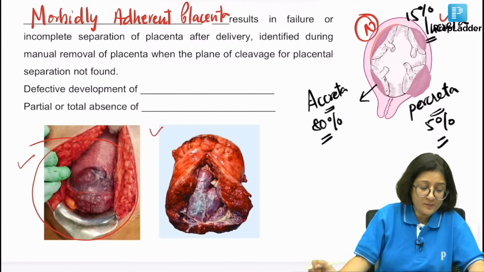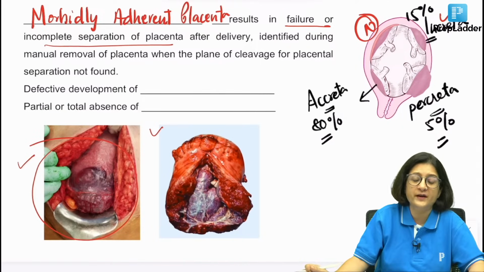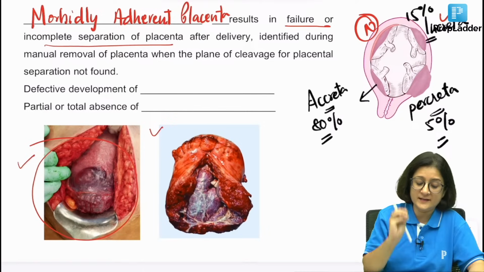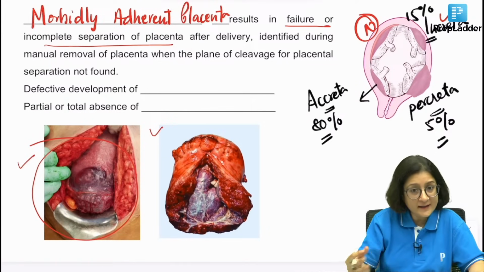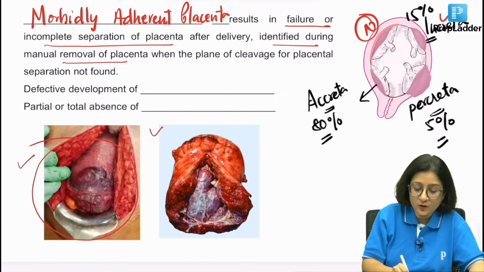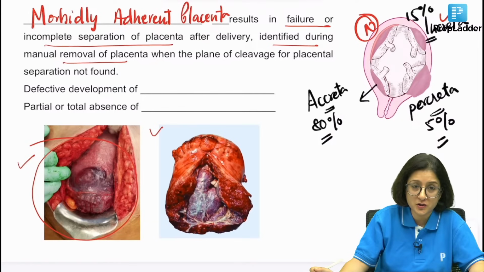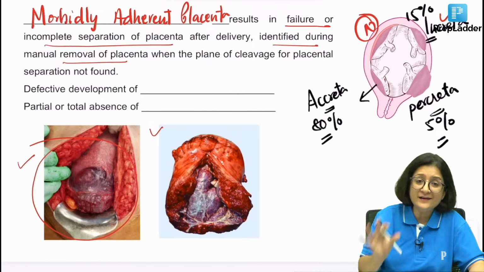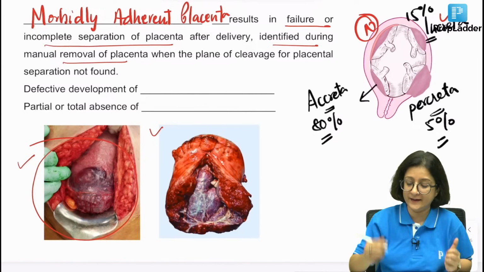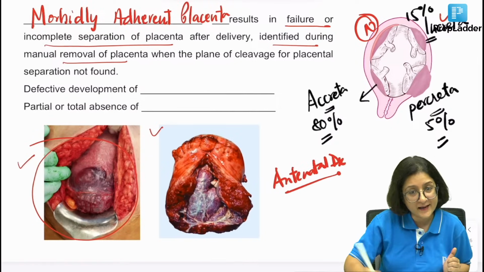So this morbidly adherent placenta results in failure or incomplete separation after delivery of the placenta, right? When the placenta separates incompletely, it can lead to massive hemorrhage. It will be identified during manual removal of the placenta when the plane of cleavage for placental separation is not found, right? Now ideally, antenatal diagnosis is possible, yes, right?